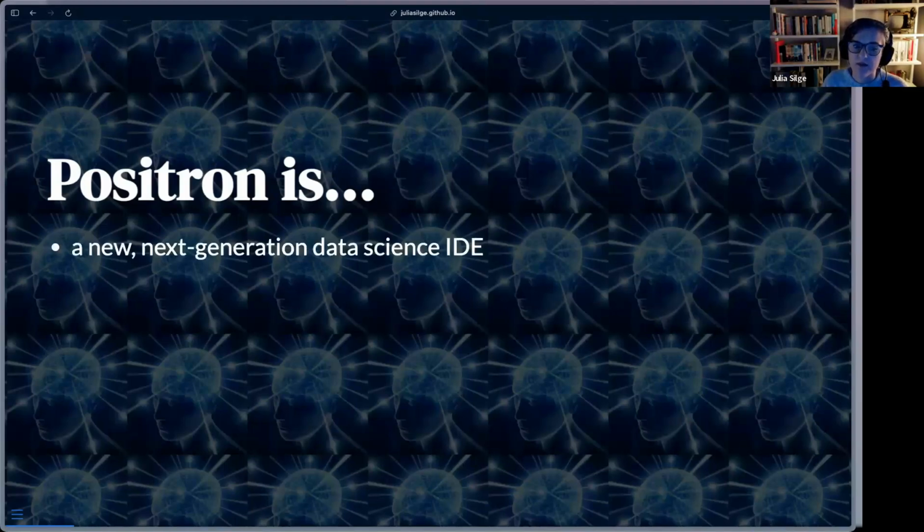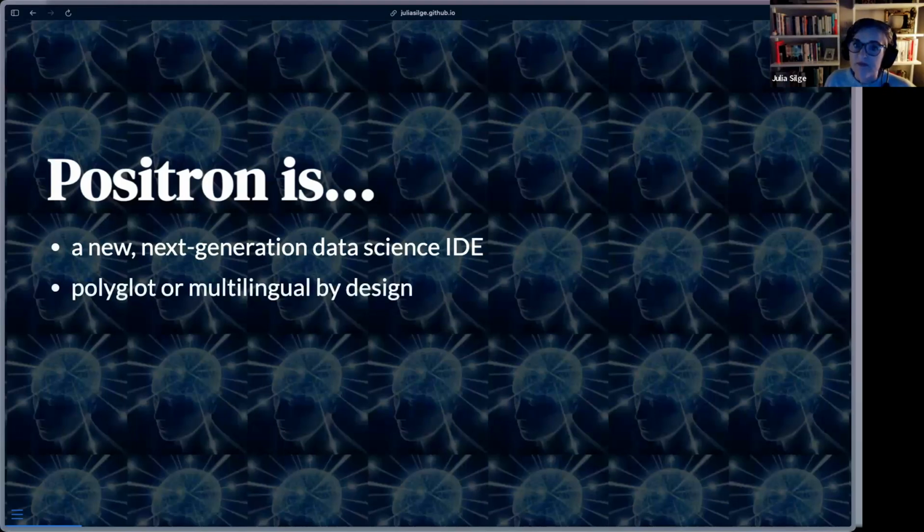So Positron is a new next generation data science IDE. And so that means we are the same people who made RStudio, and it's like us 15 years later coming and saying, okay, what was really great about RStudio and what would be a new, forward looking tool that would be good for people moving forward?